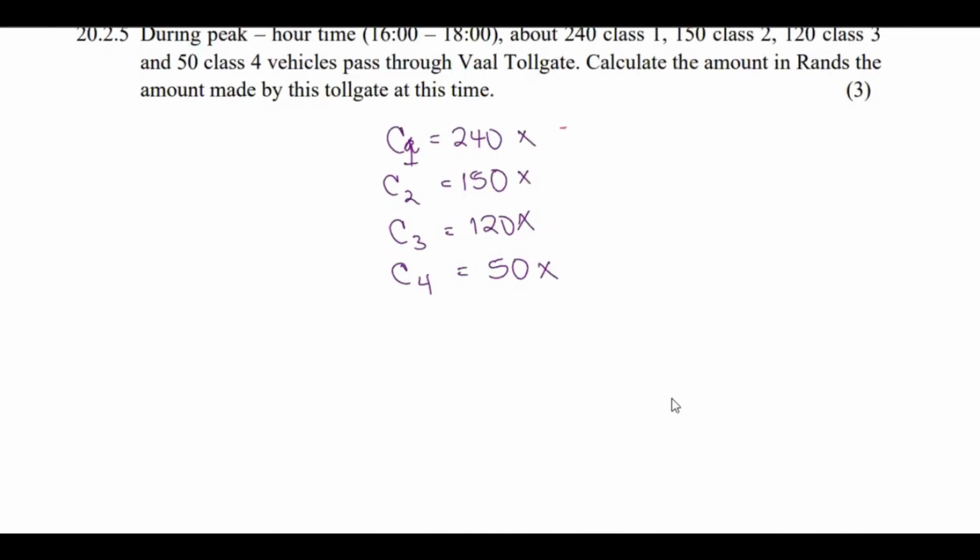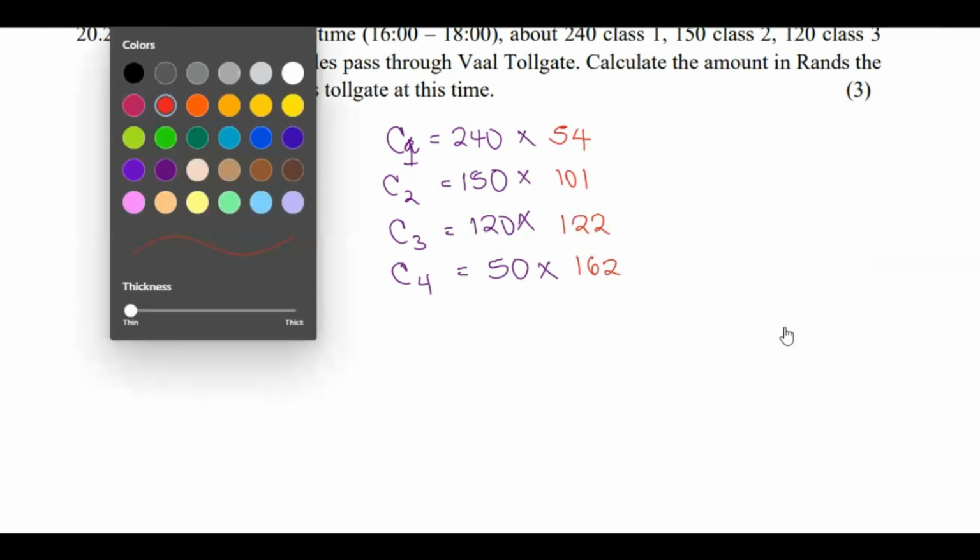So this, they will cost 54 times 1 and 101. This they cost this much, and this they cost that much. All right. So we get the final answers.